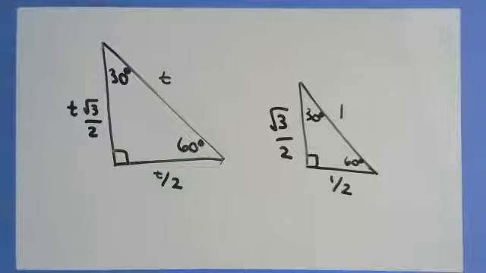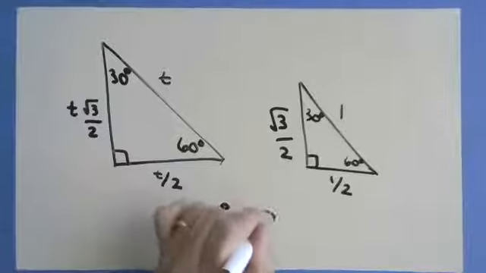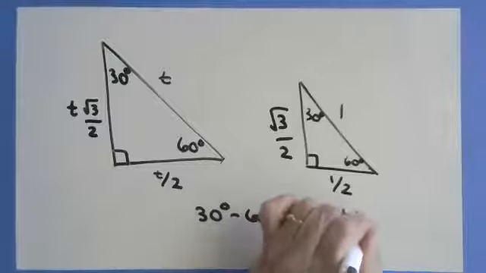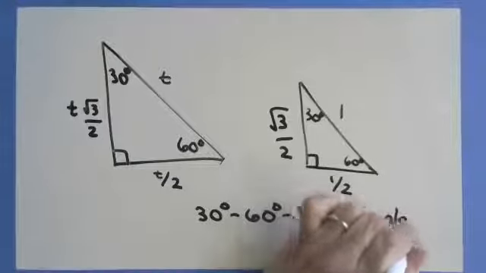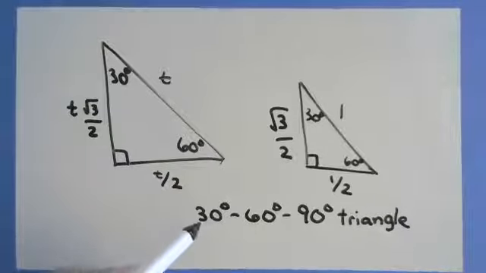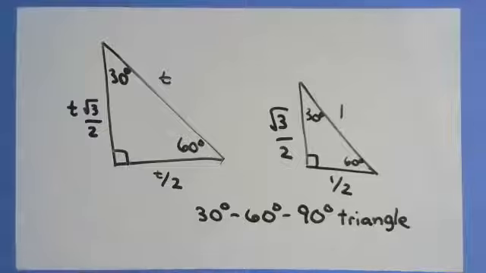This special triangle is often referred to as the 30, 60, 90 triangle. Again, notice that I didn't say the word degree with each one of these, but I wrote the symbol as I wrote down the degrees. So it's a 30, 60, 90 triangle. We derive it from an equilateral triangle, and now we know where all the parts came from.